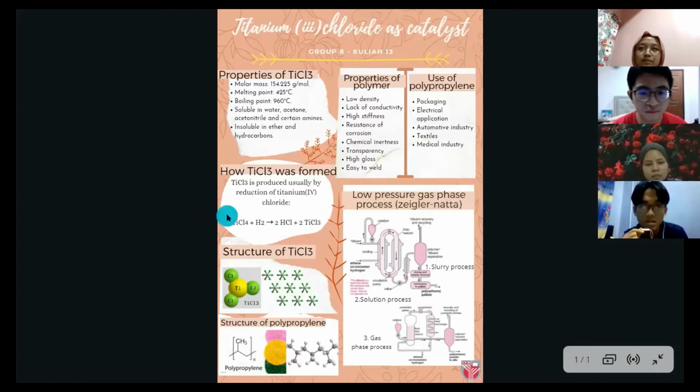The titanium tetrachloride undergoes a reduction process and becomes 2 titanium trichloride, and it gains electrons from hydrogen gas. So the hydrogen gas undergoes an oxidation process, and then it becomes 2HCl, which is hydrochloric acid. I hope that answers your question.